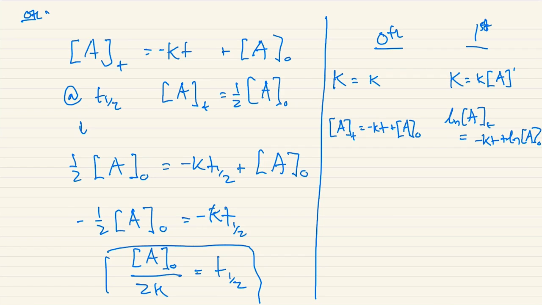Then we have our half-life relationships. For 0th order, the half-life is equal to the initial concentration over 2 times the rate constant. And for first order, the half-life is equal to the natural logarithm of 2 over the rate constant. And those are all the equations we have so far, right?